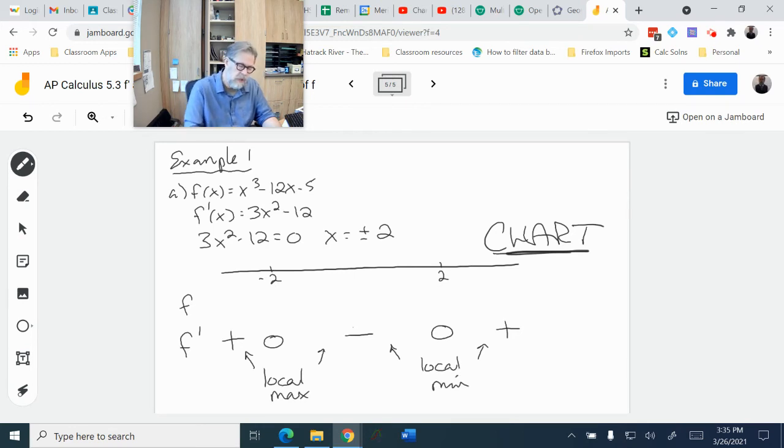I know the end behavior of a cubic. It goes down like this, it does something in the middle, and it goes up like that. But I also now know that f of negative 2, which equals 11, is a local maximum, and f of positive 2, which equals negative 21, is a local minimum.